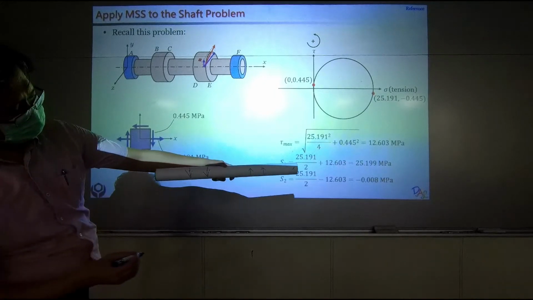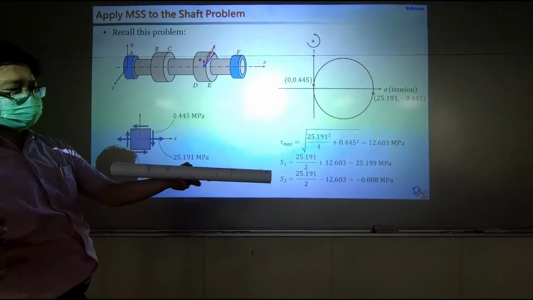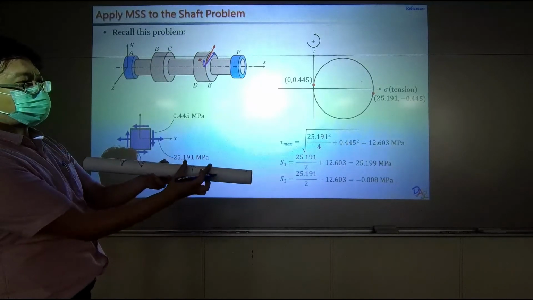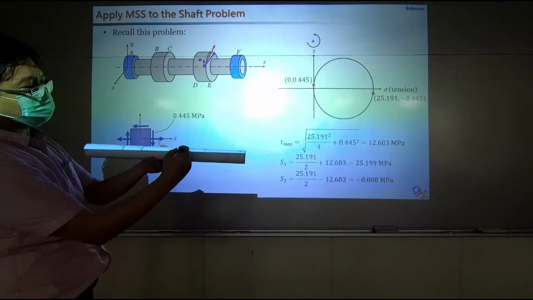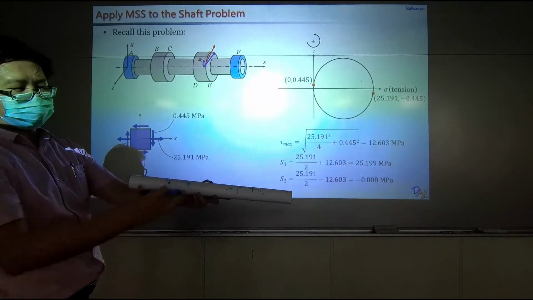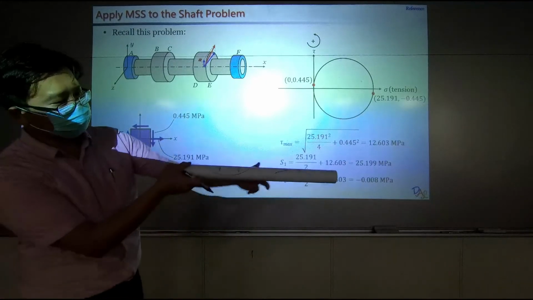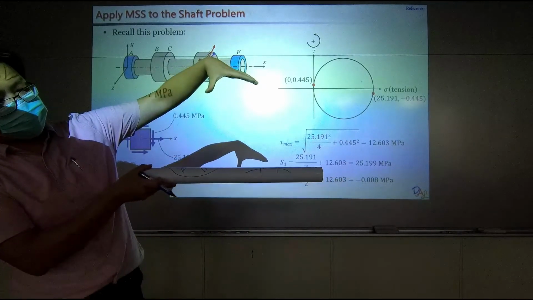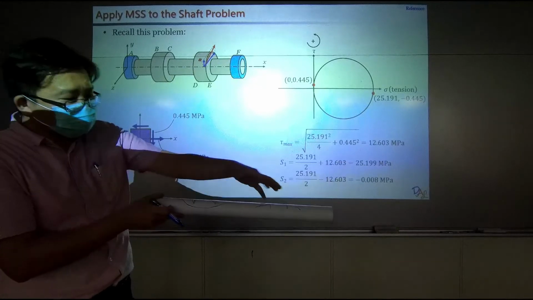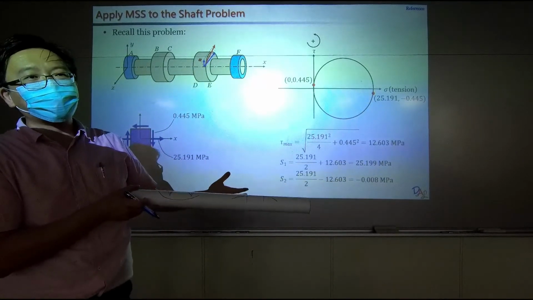I'm not sure if you can see it. This is pulling up, here is pulling forward. So if this pulls up, this bends like this. And this pulls forward, so this bends forward. So this is bending up, this is bending forward. So it's really complex when these two bendings mix together.